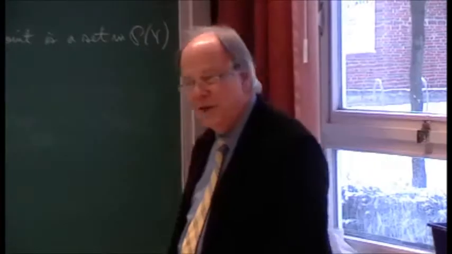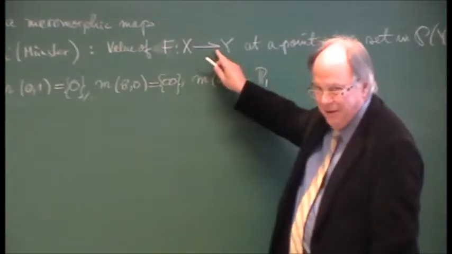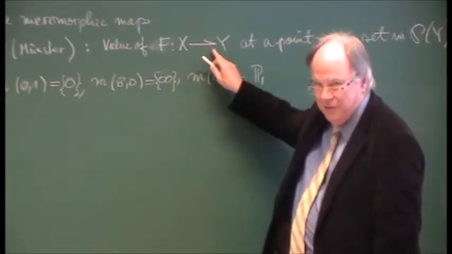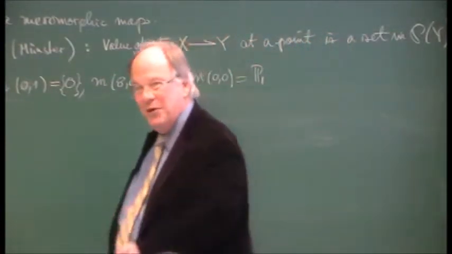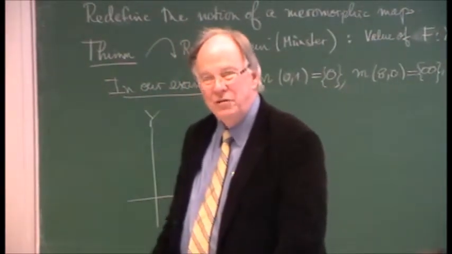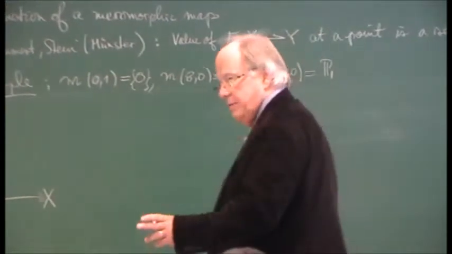So the first thing is notation. Just keep in mind that I use this notation of a half arrow, and this half arrow tells you that you're right. It's not really defined, it's only really defined as a map into the power set. Okay, but it's much more than that.